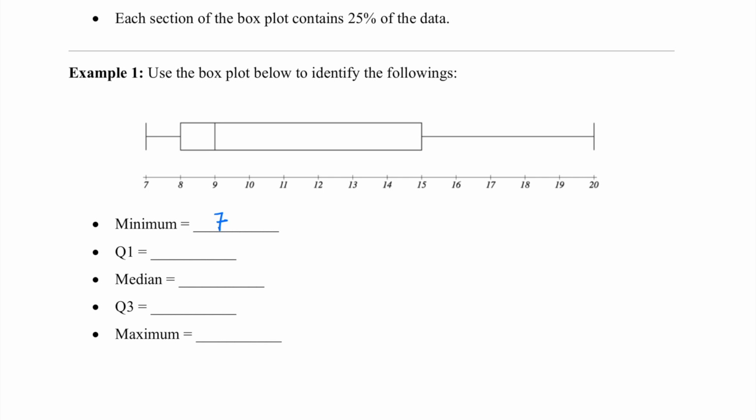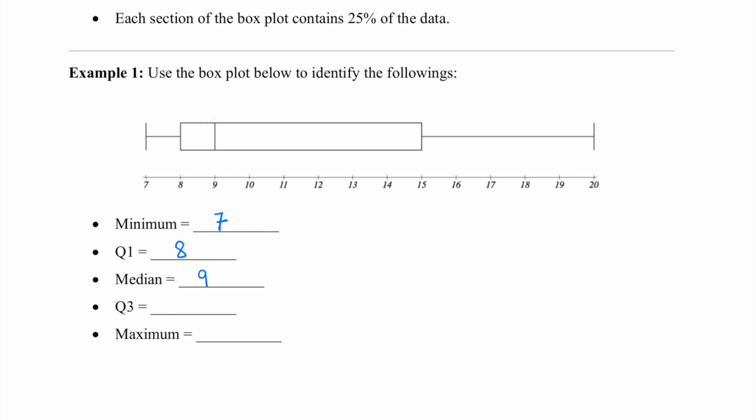Now let's find Q1. Q1 is the left edge of the box. Looking at the graph, Q1 is 8. Now let's find the median. The median is the vertical line inside the box. Looking at the graph, the median is 9.